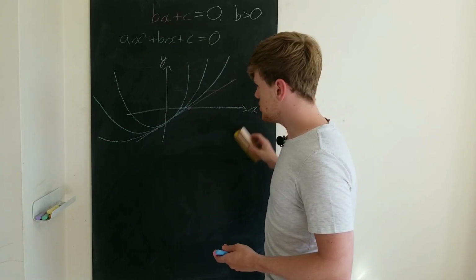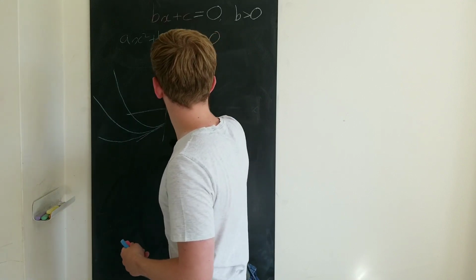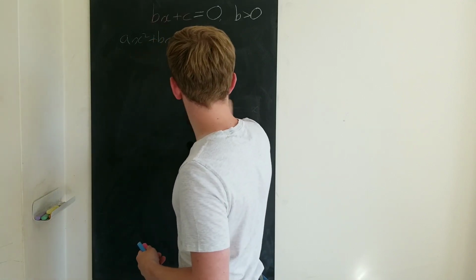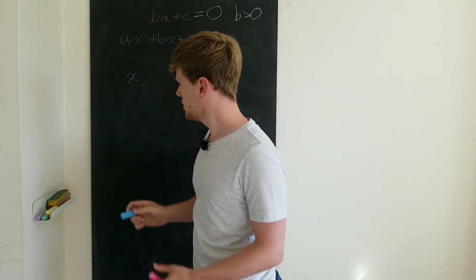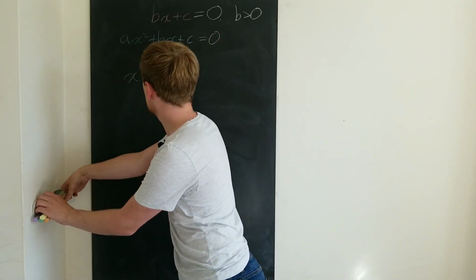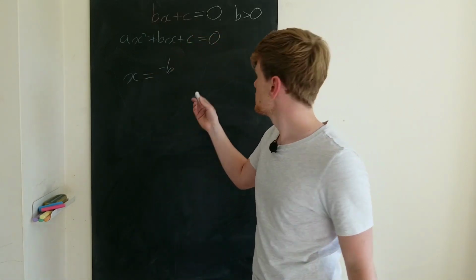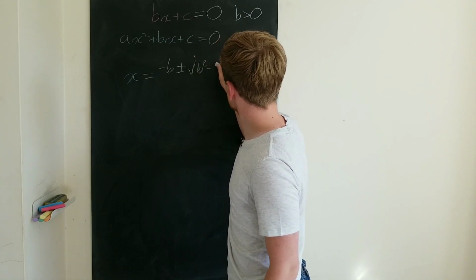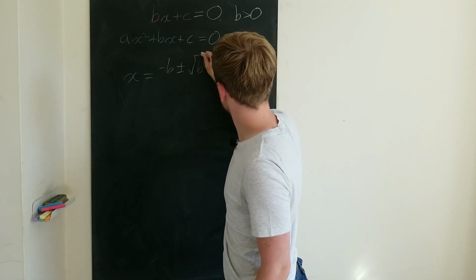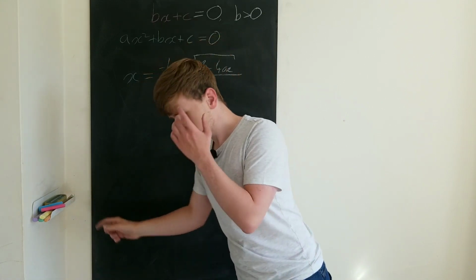And so using the quadratic formula, we get that the solution to the blue equation, blue x, would be equal to, or the multiple solutions would be, negative b plus or minus the square root of b squared minus 4ac divided by 2a.